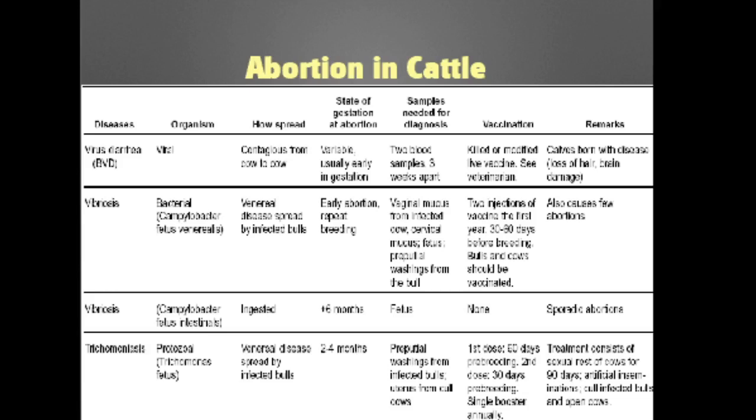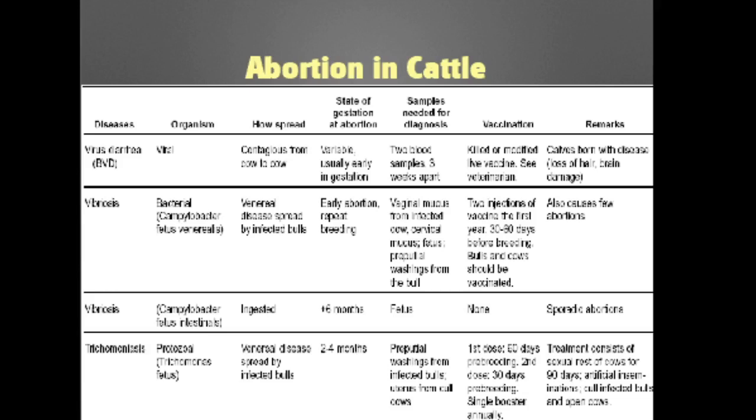For vibriosis, it's caused by a bacterial agent, Campylobacter fetus venerealis, and it's spread by infected bulls. Abortion happens early and oftentimes there's repeat breeding.